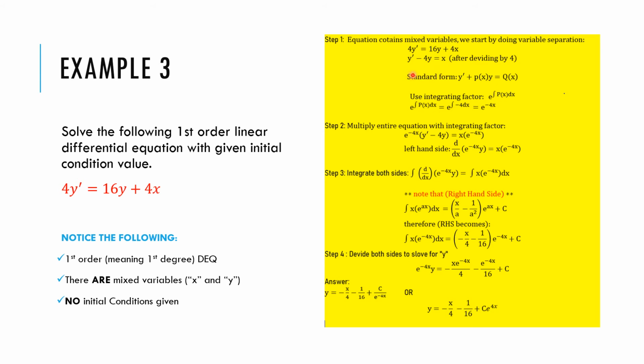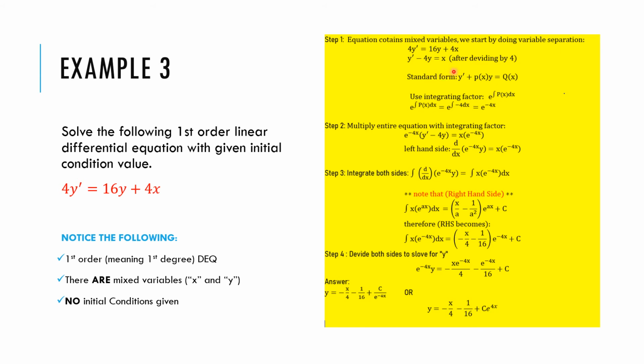This here, the y prime minus 4y equals x, comes after I have done variable separation, because now you can see you have y's on one side and you have x's on the other side. Also, do notice that once I have done so, there's not much else I can do to this problem as it is. I cannot separate y primes from just the y.